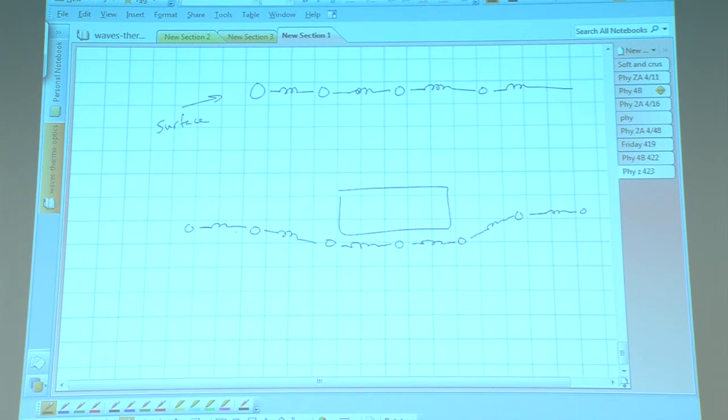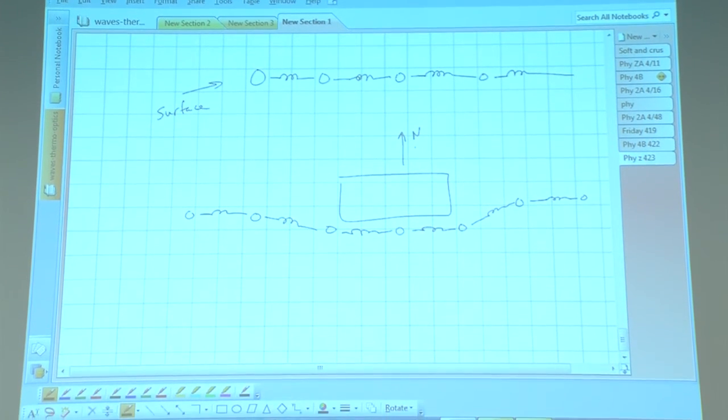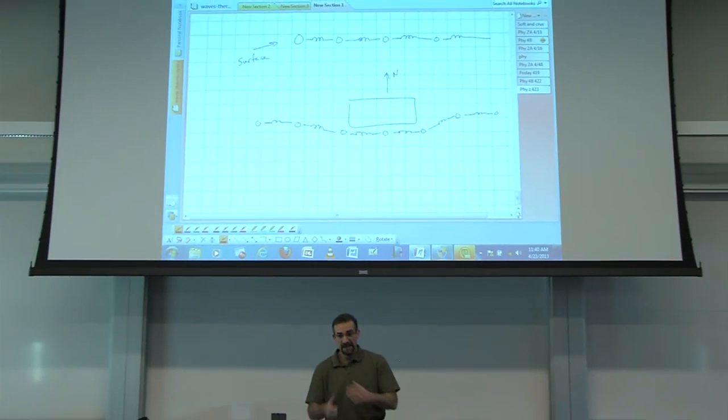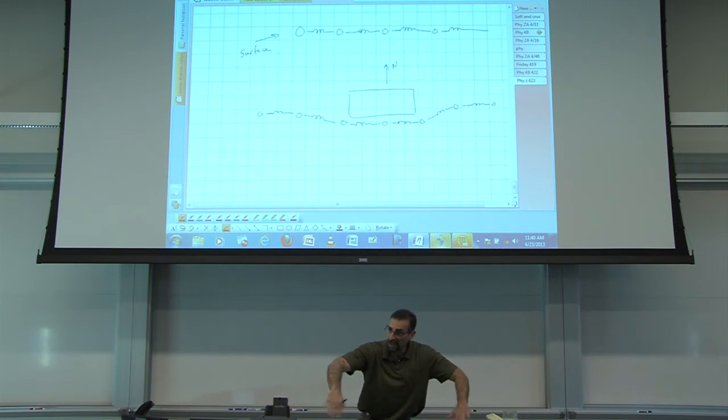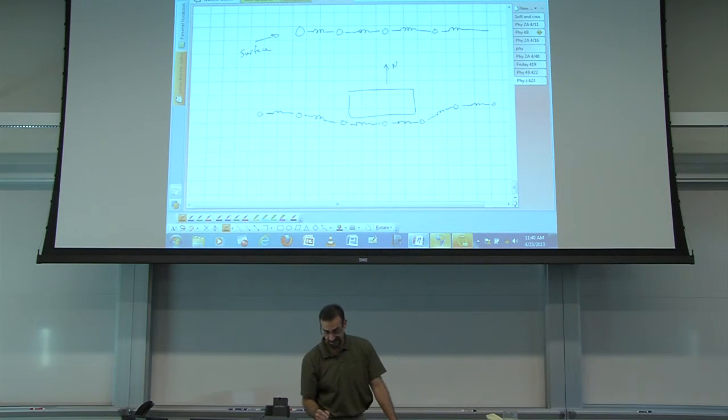I push down, and so that stretching of the molecular bonds causes an upward force, right? A normal force. I push down on it, the bonds get stressed a little bit more, and the normal force increases. And it keeps increasing until I push down so hard the bonds break, right? The table breaks and I fall through. Okay? So that normal force kind of reacts. It changes depending on what's happening on top. As we push down harder, it pushes back more because we know we're not going through the surface.